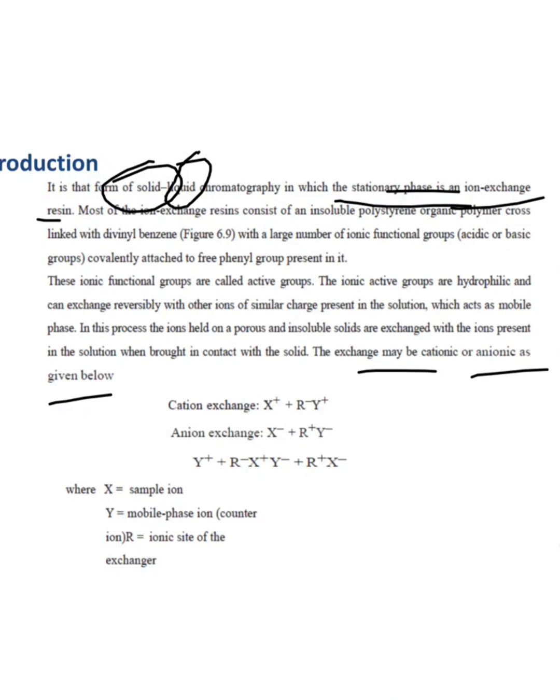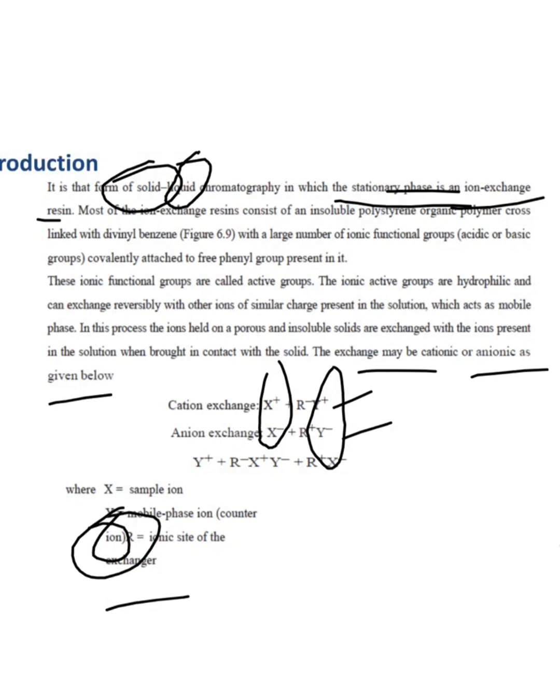X is denoted by the sample, and Y is the mobile phase we are going to use, whether anionic or cationic, for example. R is the ionic site of the exchanger. We also look at the eluate: how much percentage of the sample is exchanged between anion and cation.